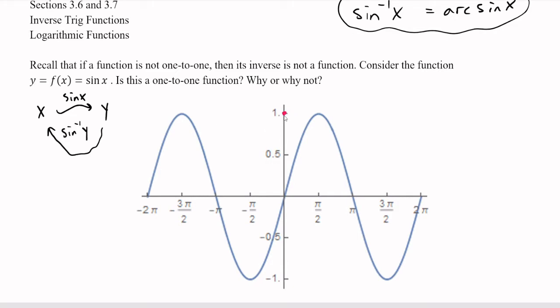Sine inverse says you gave me this y value, now all you have to do is give me an x value such that sine of that x hits 1. So let's draw this 1 here. The whole goal is you give me an x value that hits this y value.